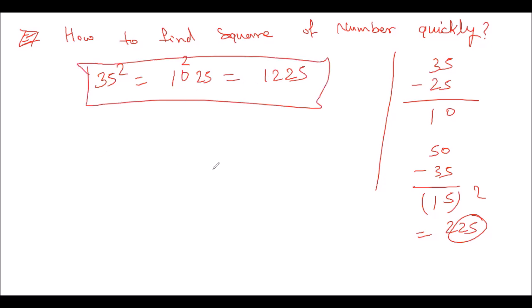Now again let's see, we want to find the square of 43. As we have seen in the trick, what are we going to do? Take the difference from 25. 43 minus 25, how much?